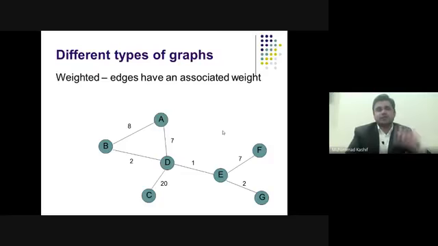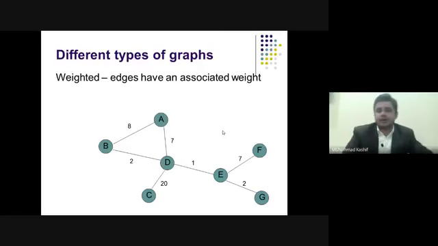That means if I am moving from A to B, then I will calculate the cost of that particular path, whether it could be money or time. But there is a parameter that can be used to judge the cost between two connecting points.